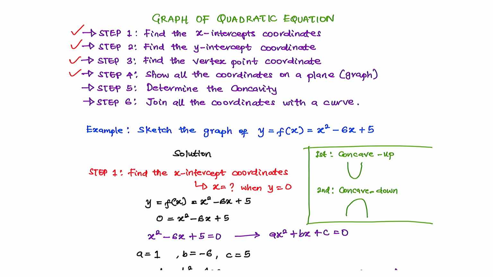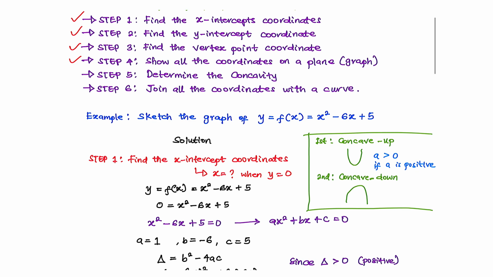We have a concave up if the value of A is greater than 0. So if A is greater than 0, which means if A is positive. What do we mean by A? Remember that we showed our A here. A is 1. And how did we get A is 1? We go to our equation and we look.